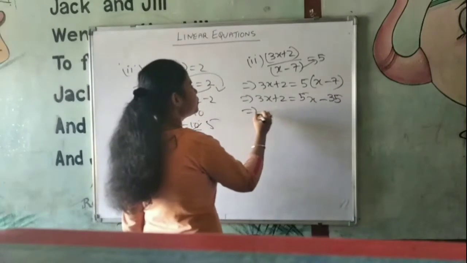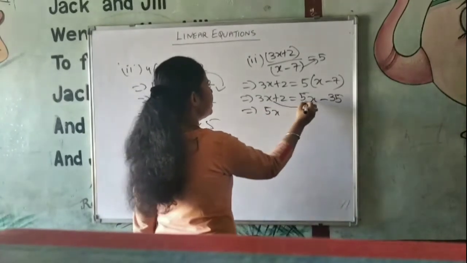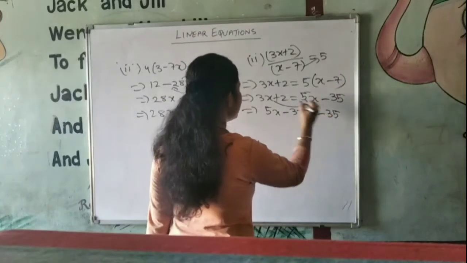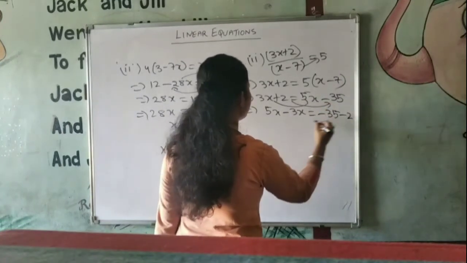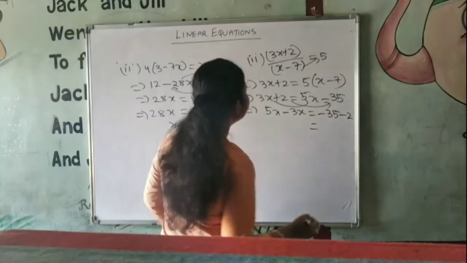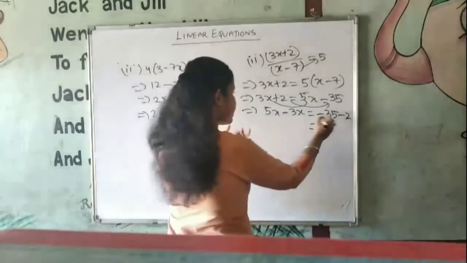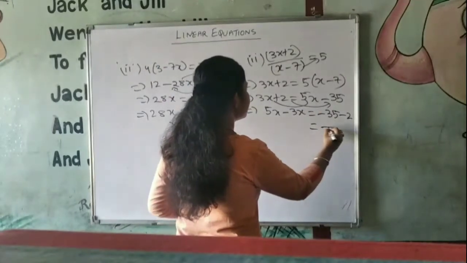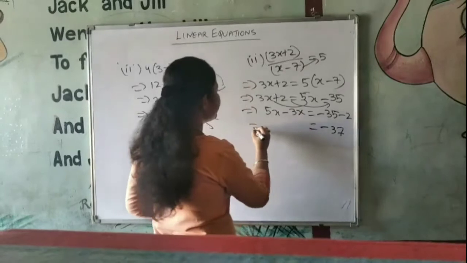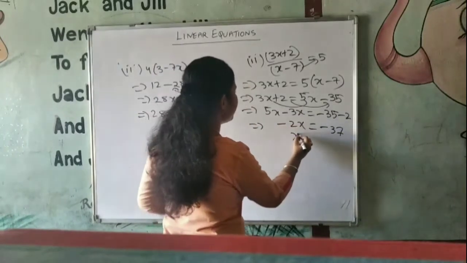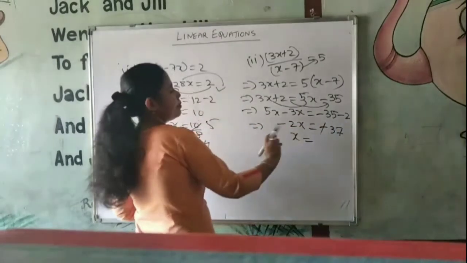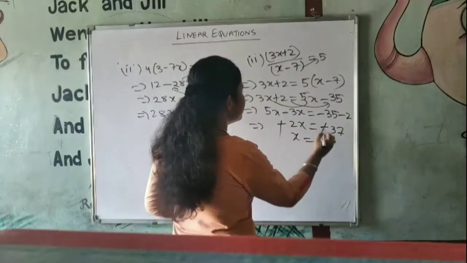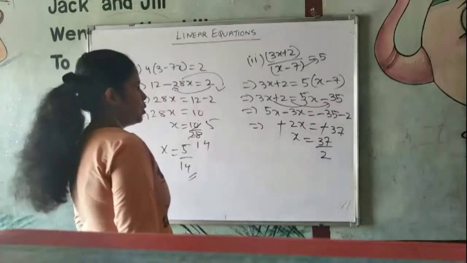So what can you do? You can write 5x. This will come here minus 3x. It will become minus 35, and 2 will come here, it will become minus 2. It will become how much? 35 plus 2 is what? Minus minus plus. Sign should be minus. So it will become minus 37 and it will become minus 2x. So what will be the value of x? This negative in both LHS and RHS you can cancel and you can divide, 37 by 2.